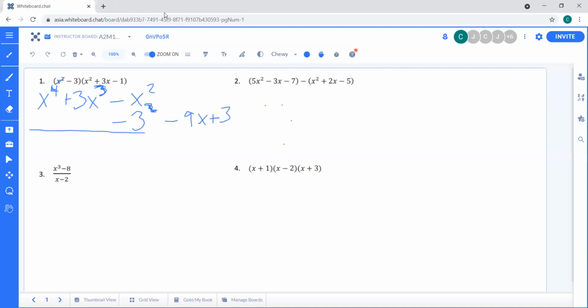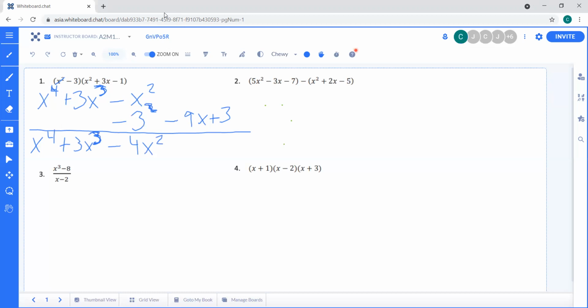Okay, so when I combine like terms, I end up with x to the 4th plus 3x cubed, minus 4x squared, I'm sorry.